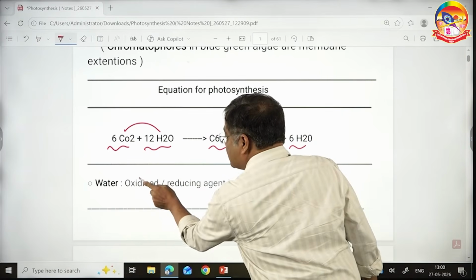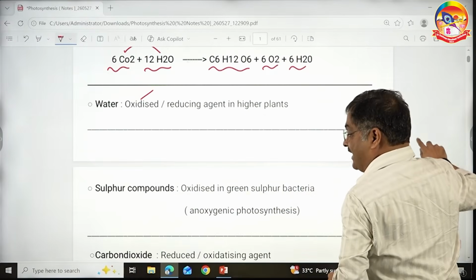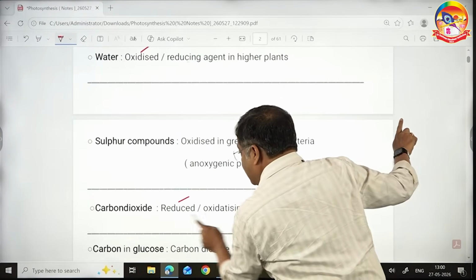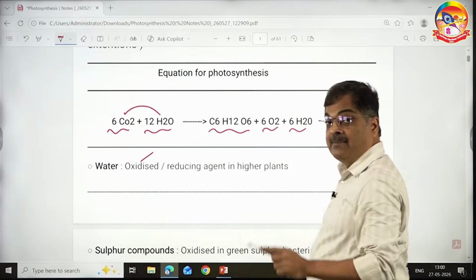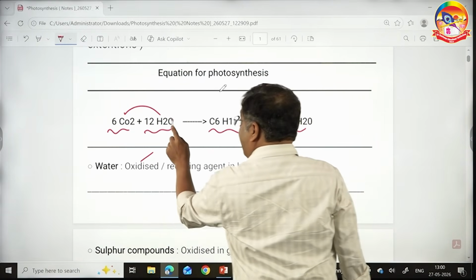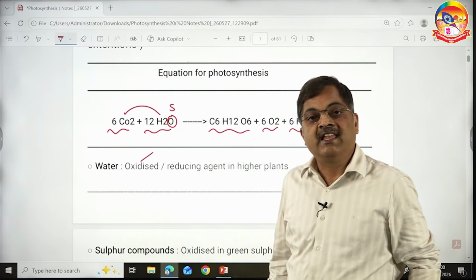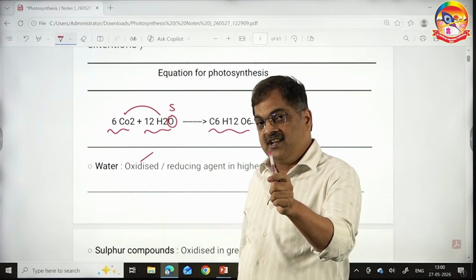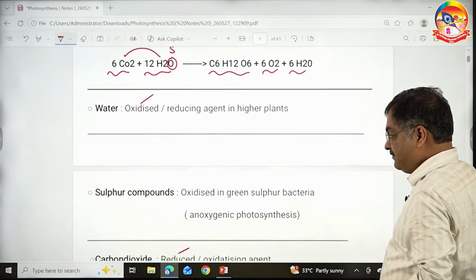So the compound which gets oxidized is water, therefore it's a reducing agent. And the compound which gets reduced is carbon dioxide. Having said that, in some green sulfur bacteria, it is not water, it is hydrogen sulfide which is actually getting oxidized. That is the reason, you know pretty well, it is anoxygenic photosynthesis.